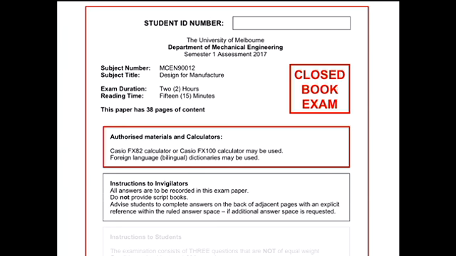The closed book exam: whatever the system says you're allowed to have in the exam as a calculator, you're allowed to have in my exam. Also, anybody who's concerned that design is very wordy and English isn't your first language, you're allowed to bring in your bilingual dictionaries.